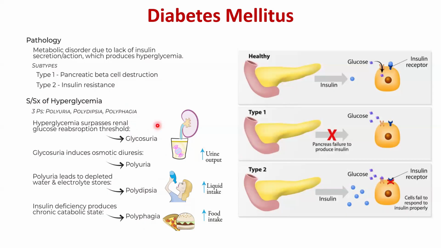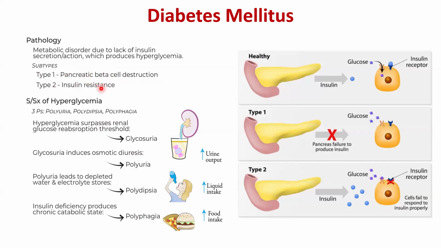This is a very good summary of what diabetes mellitus is. A summary is that deficiency or lack of insulin production leads to hyperglycemia. This hyperglycemia gives us two types of diabetes, type 1 and type 2. Type 1, pancreatic beta cell destruction.